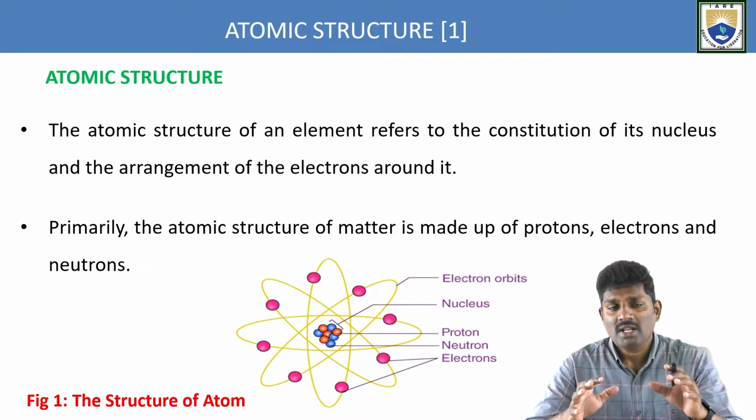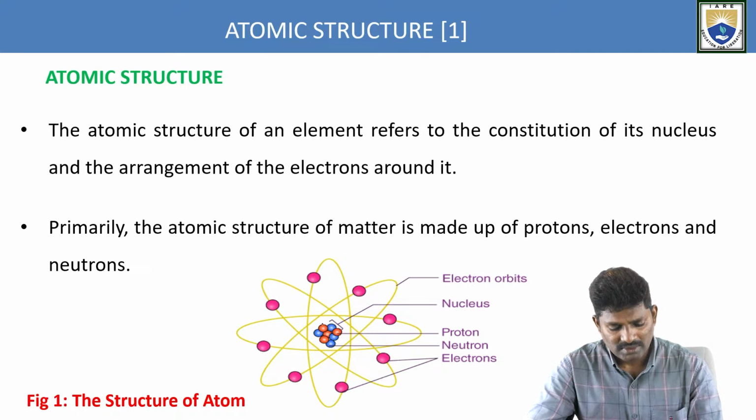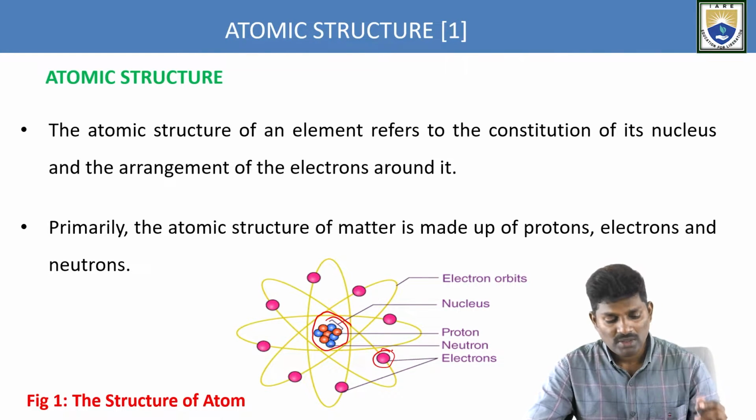So, these are the electrons which are revolving around the nucleus.